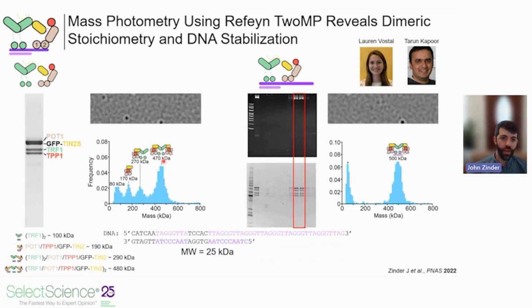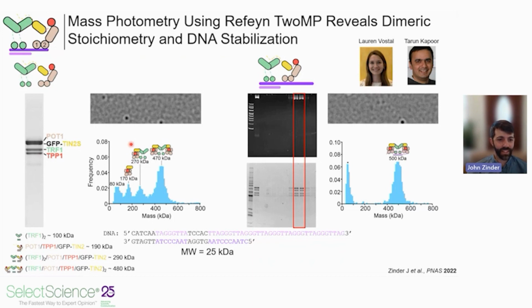And so we have the full dimeric complex, or a species that is consistent with the molecular weight of the full dimeric complex. We have the same complex where one of these TIN2, POT1, TPP1 modules has fallen off. And then finally, we have a complex where we have the thing that has fallen off from this complex ostensibly, and potentially we have another peak for TRF1 here.